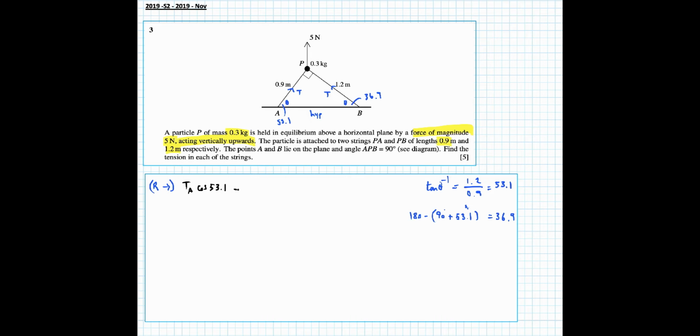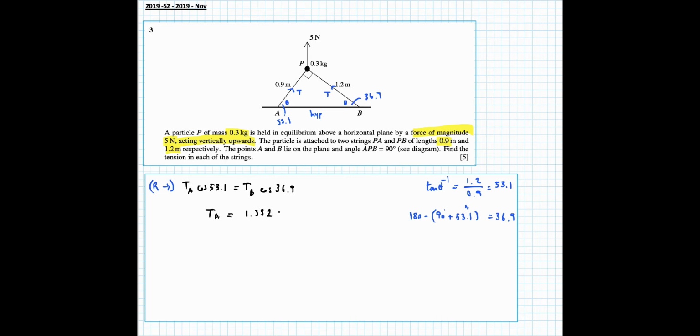Okay, just making sure. So T, tension in B is cosine 36.9. And we can simplify that by dividing one over the other. So TA is equal to 1.332 TB, tension in B. So that's our first equation.